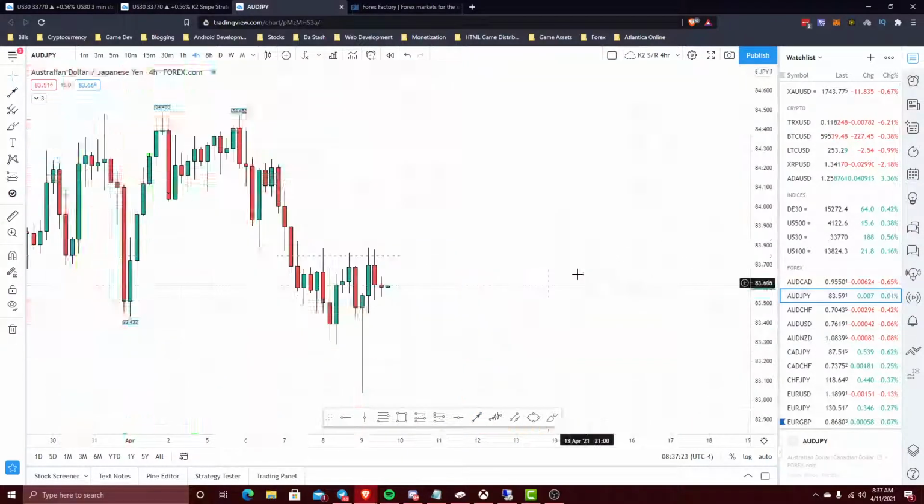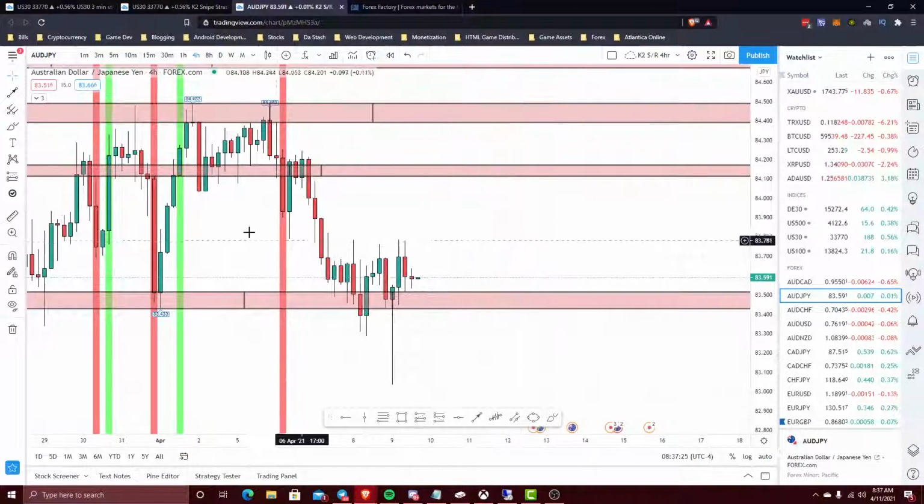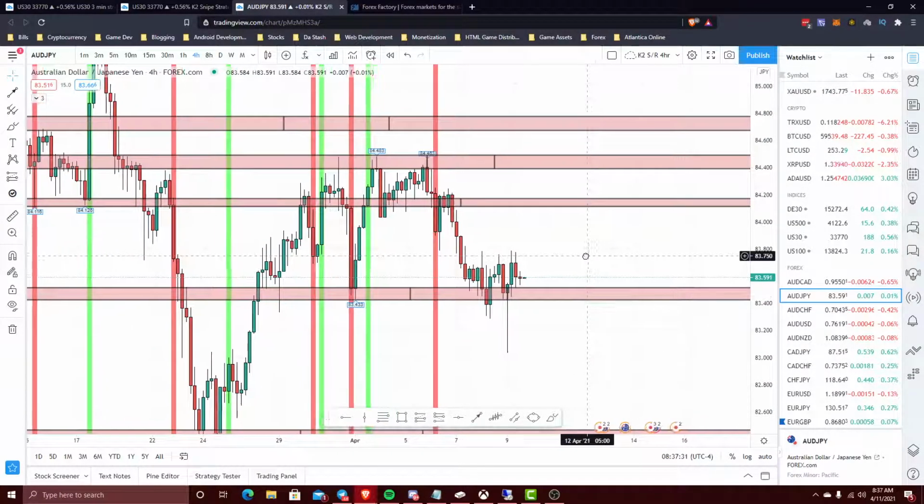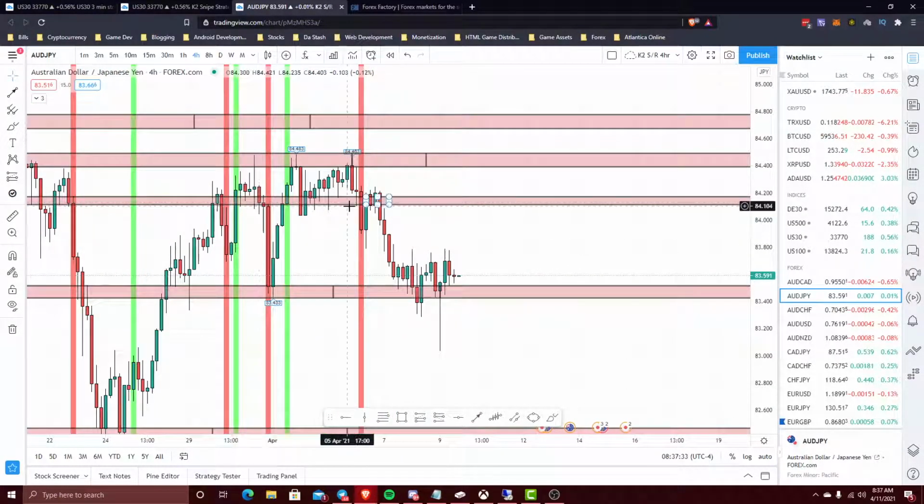So with JPY, same thing, we have this bearish signal, and it's going to continue to consolidate.